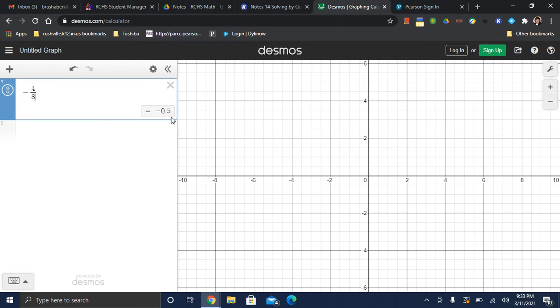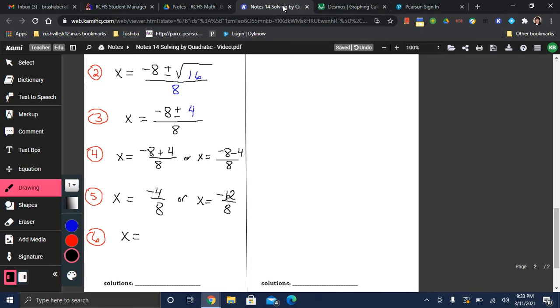Now, it will give me that as a decimal, but we do not want your answers as a decimal. So over here on the left, you have this circle with a fraction on it. That will change your answer to the reduced fraction. So the negative 4 over 8 will reduce to negative 1/2.